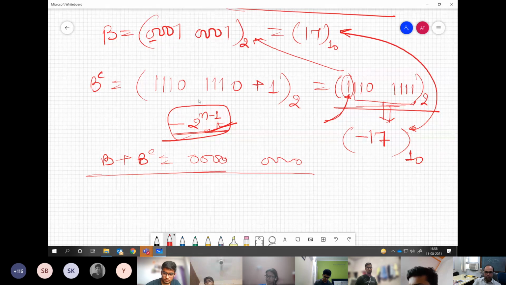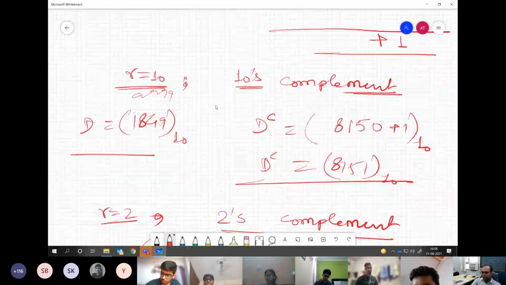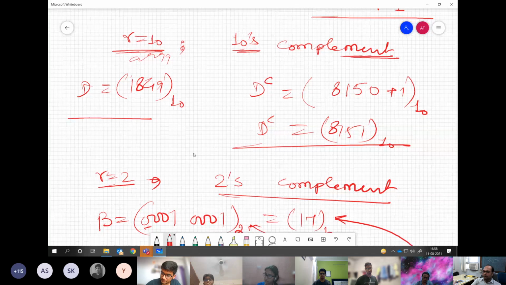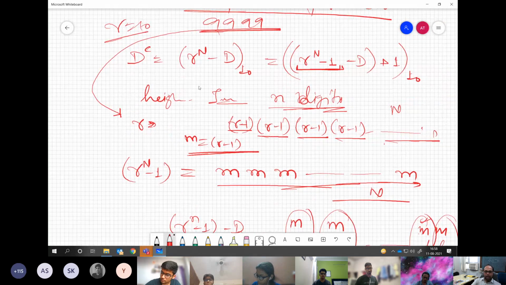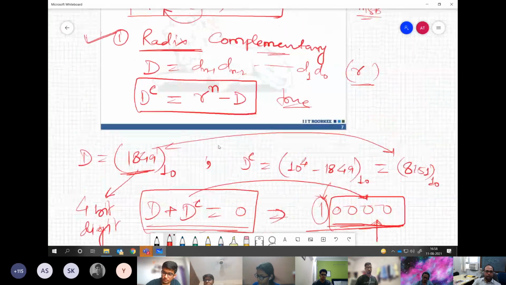So this is the 2's complement system, or radix complement system. When we say 2's or 10's, or we can have 8's or 16's complement system, in general we call this the radix complement system, with the approach we have taken.